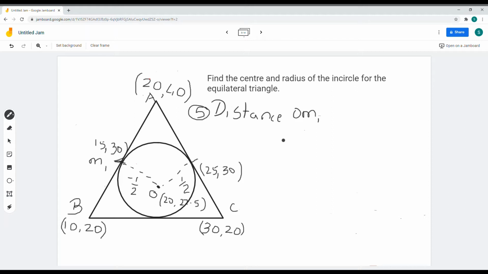Now the distance formula is given by distance equals square root of x2 minus x1 the whole square plus y2 minus y1 the whole square. Now you need to be a little careful that whenever you're putting this in a calculator, after you put the square root, make sure you're using the brackets, because your calculator will take BEDMAS, so you could get a different answer if you don't do that.